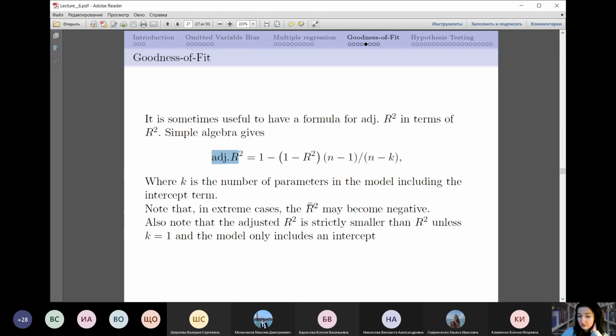In some sources you can find R squared with a bar instead of the adjusted R squared notation. It also means adjusted R squared, just a different notation. Also, the adjusted R squared is strictly smaller than the usual coefficient of determination, unless you have only the intercept in your model. In this case, adjusted R squared and usual R squared will be the same.